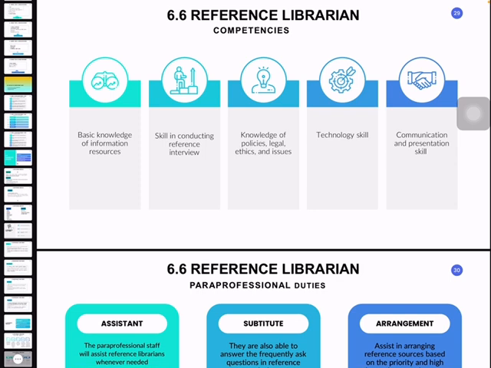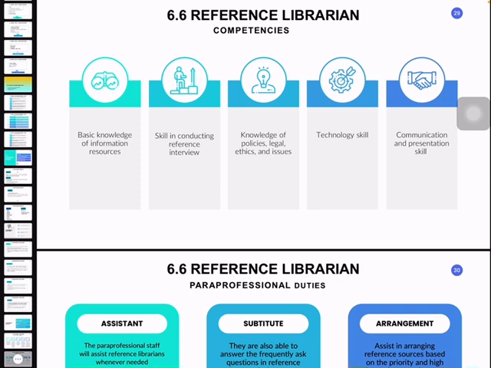Maksudnya, kalau bagi soalan tu takkan berakhir kat situ je. Ada following up questions. They also need to have knowledge of policies, legal, ethics and issues. They also need to have technology skill, tahu macam nak guna komputer, tahu macam mana nak manipulate the software, manipulate the applications in order to find the information needs.